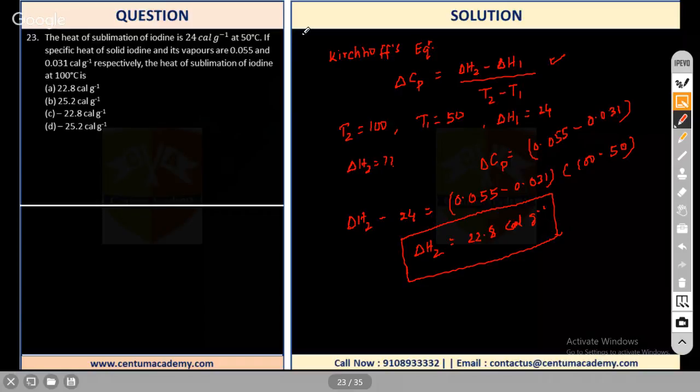Okay. So we'll wind up the class here only. Next class we'll solve 10, 12 more problems on this, and then we'll move on to the next chapter. Correct? All of you must read inorganic. These 2 months that you have, you must read inorganic from NCERT.